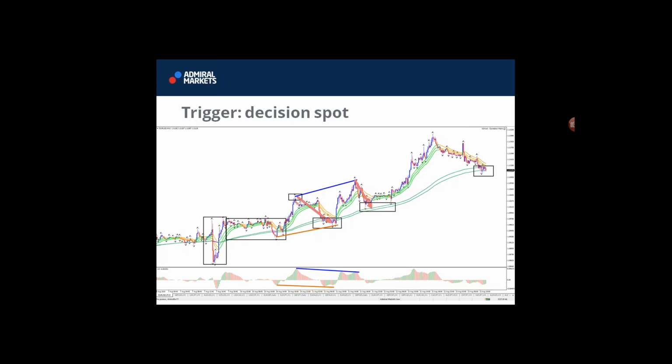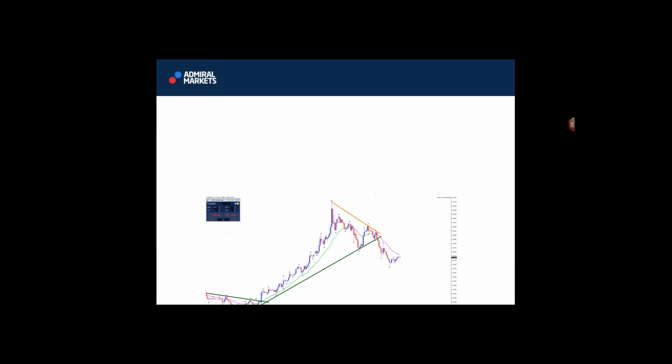Sometimes I'm only interested in one side. Sometimes I could even be interested in both sides. If there's a trend line, I could be interested in a break to the up or downside. Sometimes there's a strong trend going on or strong momentum, and I'm only interested in the break to one of the two sides. Like for instance here, let's see, one second.